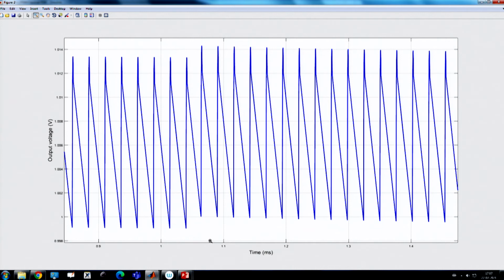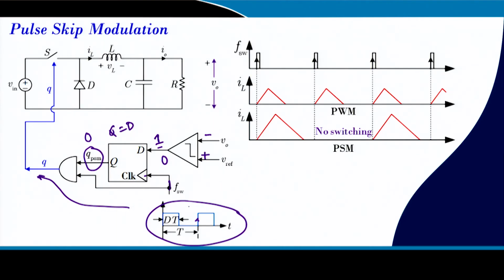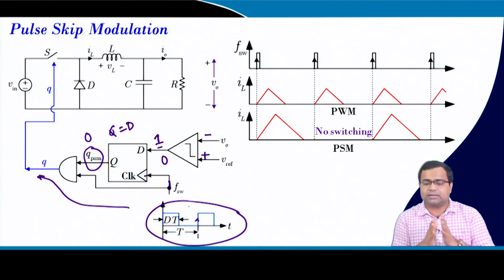I am not discussing that portion, but we have reported that this can lead to a non-monotonic spectral composition, and we have developed a customized pulse skipping technique which will overcome this problem. But the objective here is that pulse skipping modulation can improve the light load efficiency by skipping more pulses, and this aspect we have discussed.